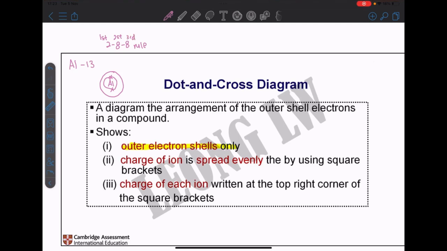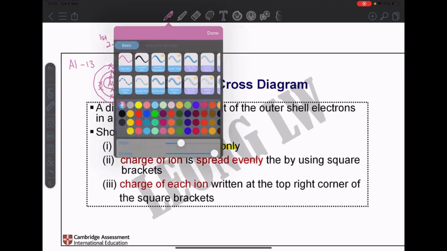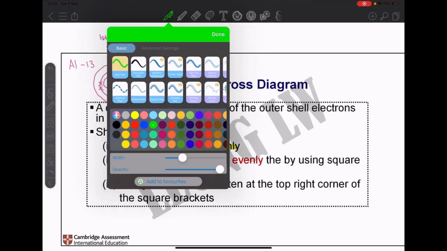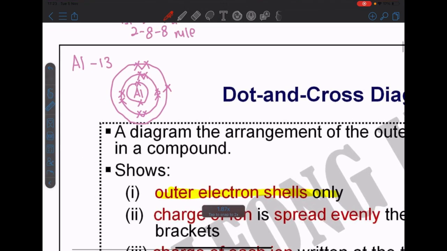So our second shell can have 8, and that will add up to 10 in total now, and then we need 3 more to obtain 13. So now we have 10, 11, 12, and 13. So the dot and cross diagram means that we completely ignore this part.